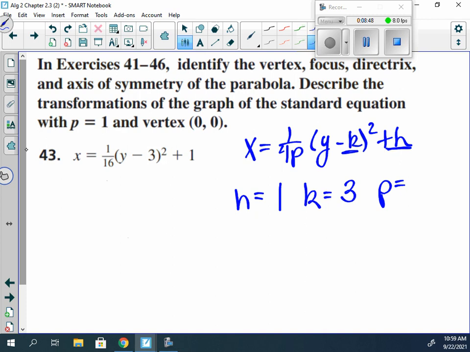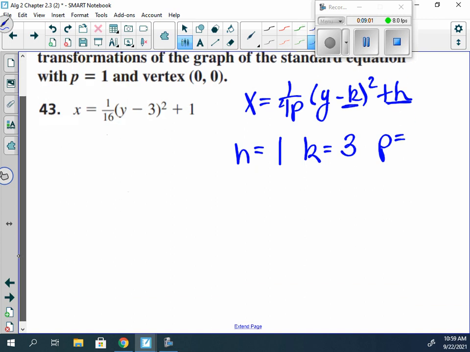And then we would need to find p. Does anybody have a guess at what p will be? If not, that's fine. Exactly. So if we solve this here, we're going to set 1/4p equal to 1/16.